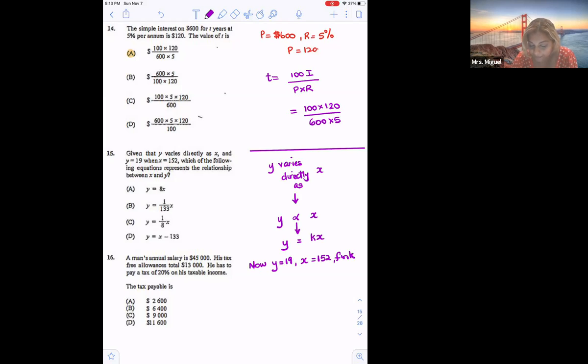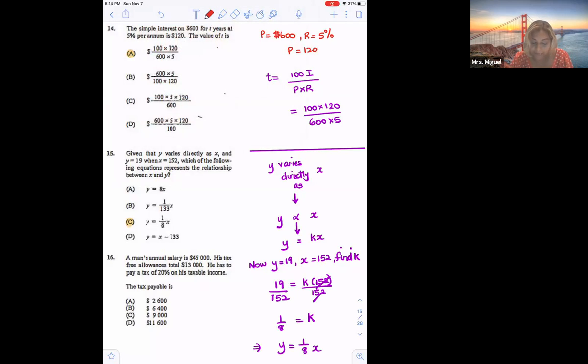Find K. So 19 is equal to K by 152. So to make K the subject, we divide by 152. This is going to cancel, and K is equal to 1/8. So the equation is Y equal to 1/8 X. The answer is C.